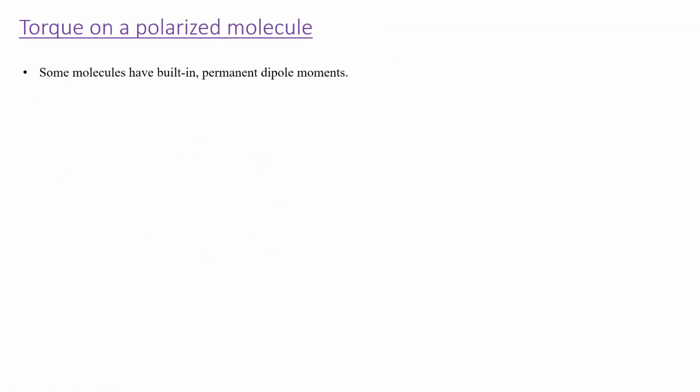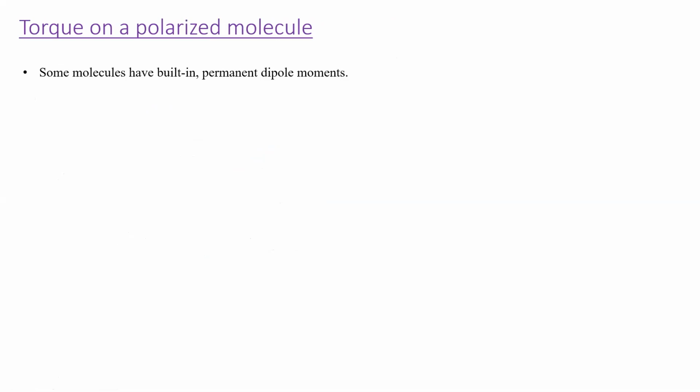Okay, so what about torque? What does an electric field actually do to molecules? It turns out that it exerts torque on them.